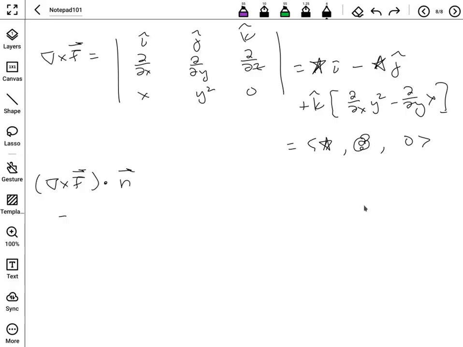Then del cross f dot n, the thing I anticipate integrating, is whatever those first 2 components were, dotted with 0, 0, 1. That's going to give me 0 times star is 0, plus 0 times squiggly shape is 0, plus 0 times 1 is also 0. So del cross f dot n is 0.